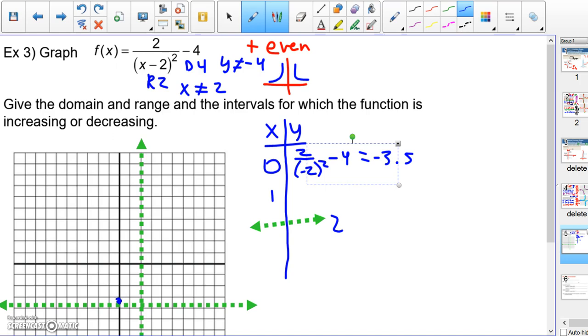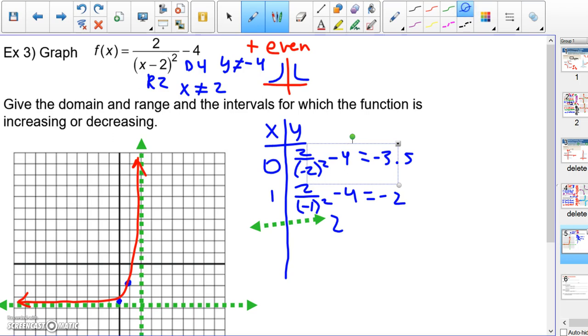Plug in 1. 2 over 1 minus 2 is negative 1 squared minus 4. We do that calculation, we're going to get negative 2. 1 comma negative 2. Right there. Okay, so that pretty much fits with what we thought it was going to look like. Something like that. And then keep going.